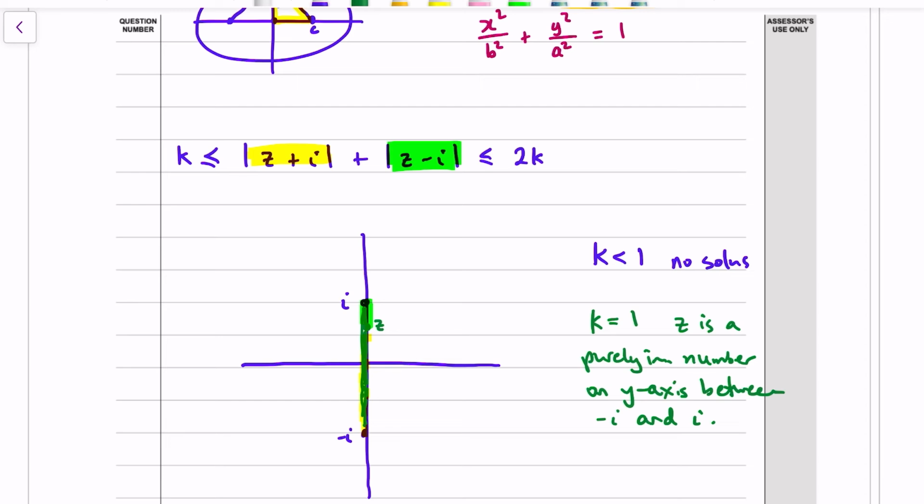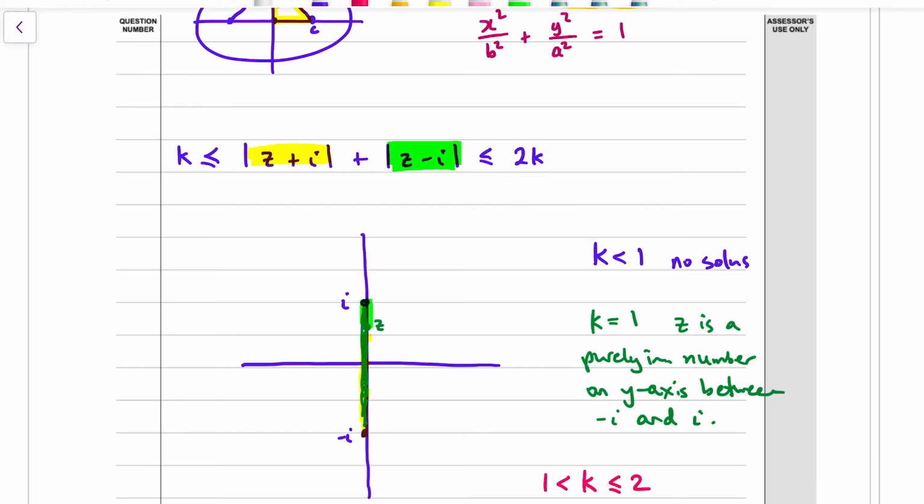Now, if k is anywhere between 1 and 2, that's our next special case. If k equals 1 is a special case, but if k is bigger than 1 but less than or equal to 2, now we considered k equal to 2 earlier, because when I made k equals 2, the right hand side here became 4, and so we already know what that ellipse looks like if that thing's equal to 4.